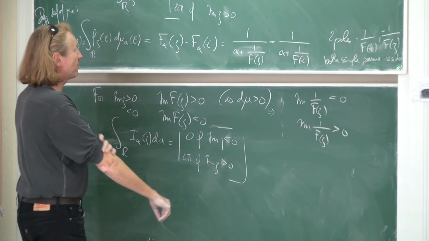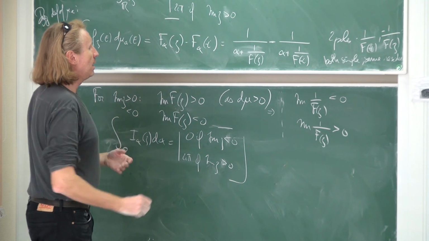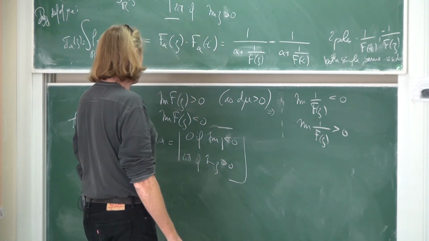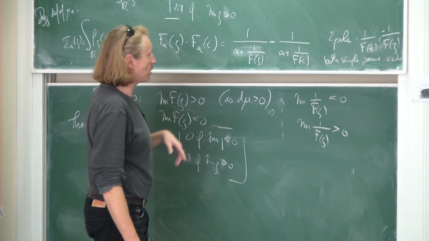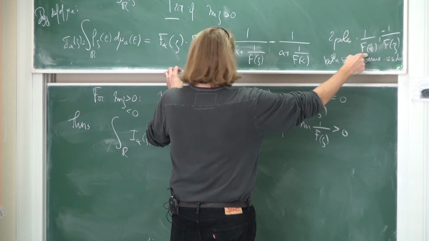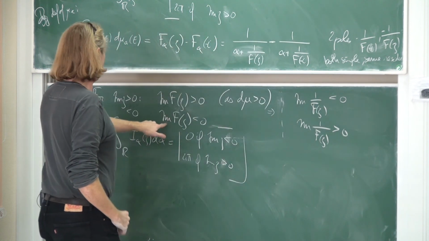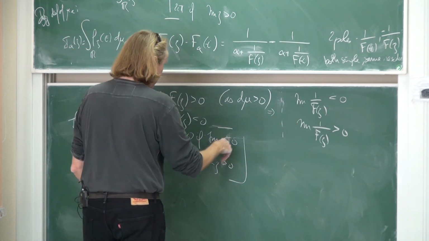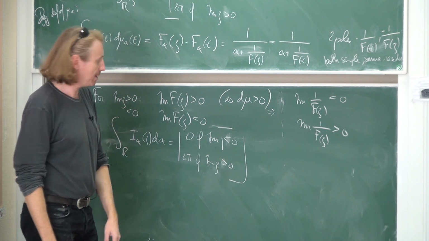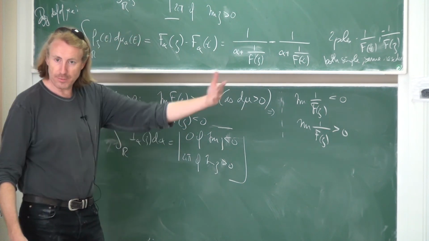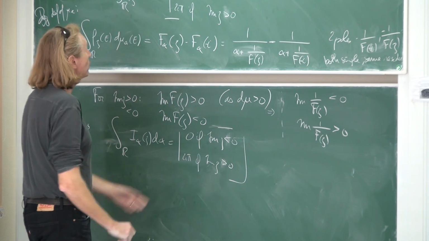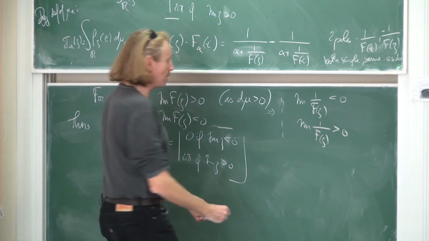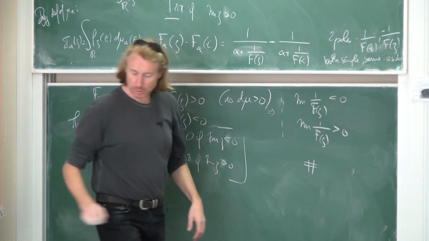This is what I was looking for. And so the imaginary part, this one is on the other side in the complex plane. The imaginary part of this is negative, right? So they're both on the same side if imaginary part of z is negative, and they're on opposite sides of the real line if the imaginary part of z is positive. Okay, and we get the same result. So this proves what we needed to prove.